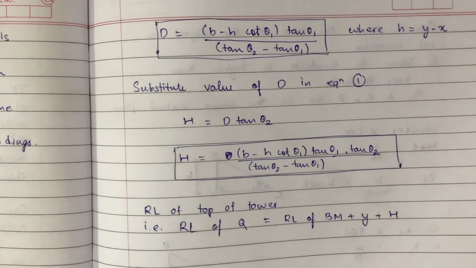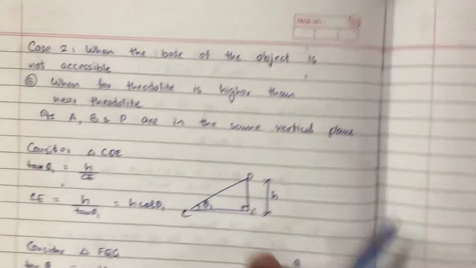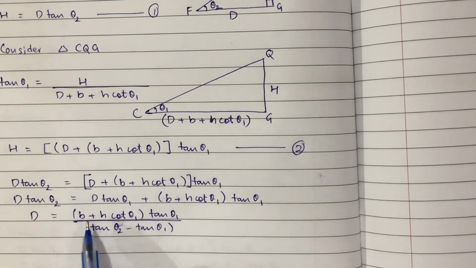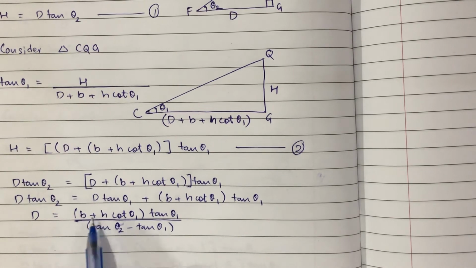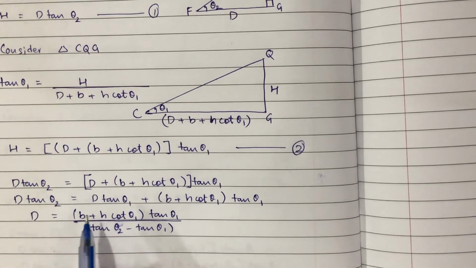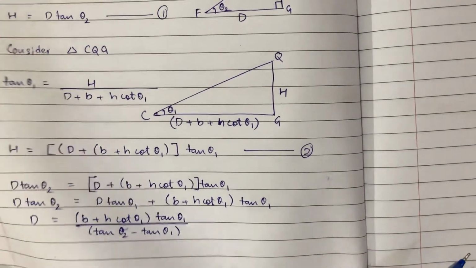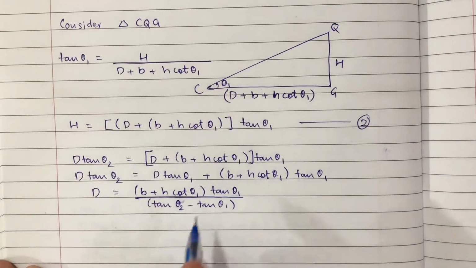But when the far theodolite is higher than the near theodolite, it is B plus H cot theta 1 tan theta 1. Only difference is this sign. In the previous case it was minus, in this case it is plus. Rest all the equation is same.